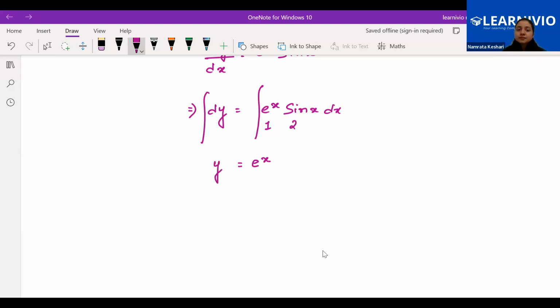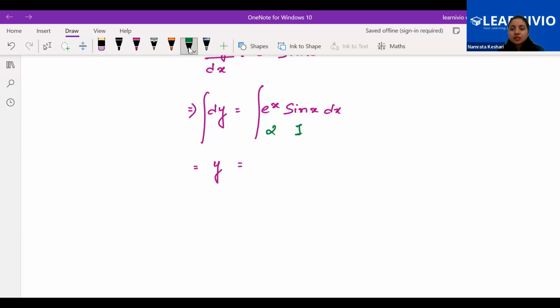Okay, so trigonometric first and then exponential later. So let's take trigonometric first. Now, what is the rule?